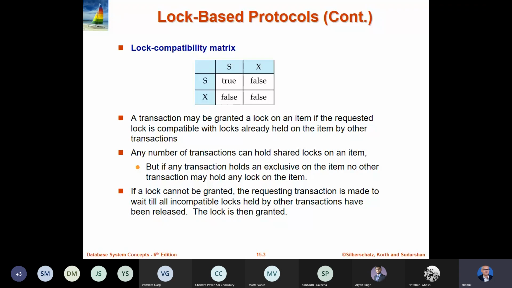If T1 has taken a shared lock on Q, T2 can also be allowed to take a shared lock on Q, and that is what is meant by compatibility.